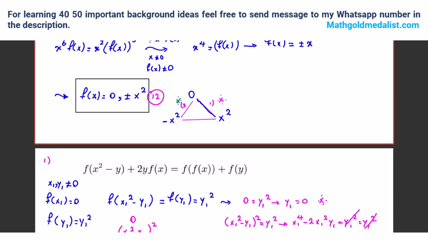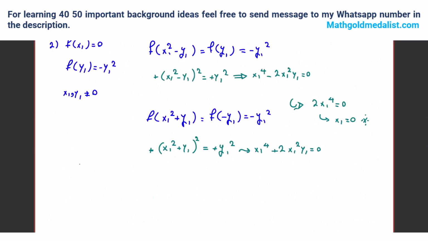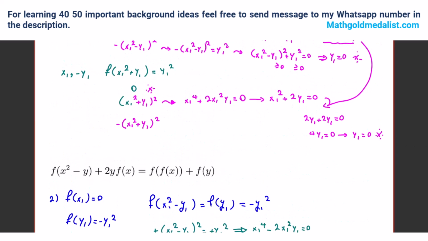Now, third case: x squared, negative x squared. So let's write f of x1 is x1 squared, f of x2 is f of y1, let's write y1, is negative y1 squared. And our main equation is this one.